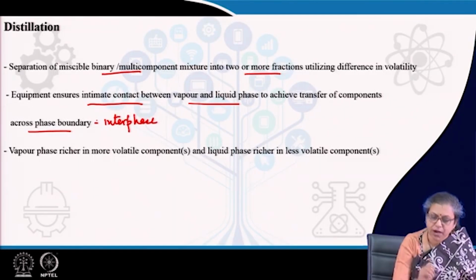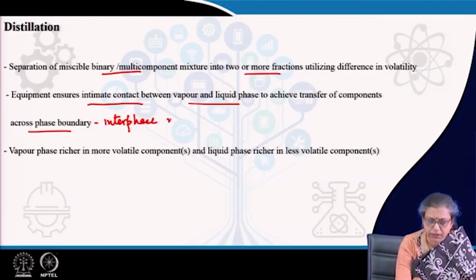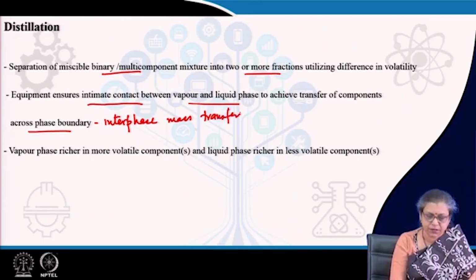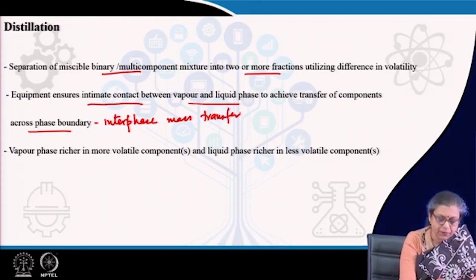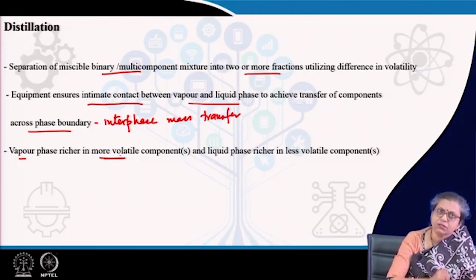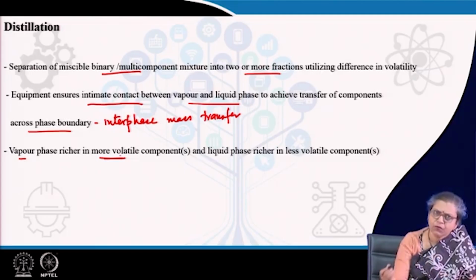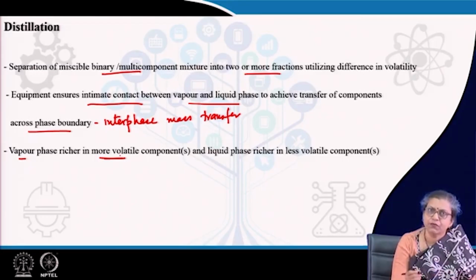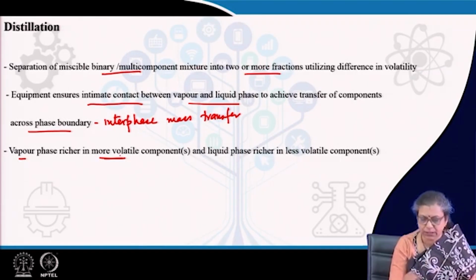So, in this particular case, the mass transfer which occurs, as I had already mentioned, is interphase mass transfer. As a result of this interphase mass transfer, the vapor phase becomes richer in the more volatile components, or in other words, the more volatile components cross the phase boundary from the liquid into the vapor phase, and the less volatile components cross the boundary from the vapor to the liquid phase.